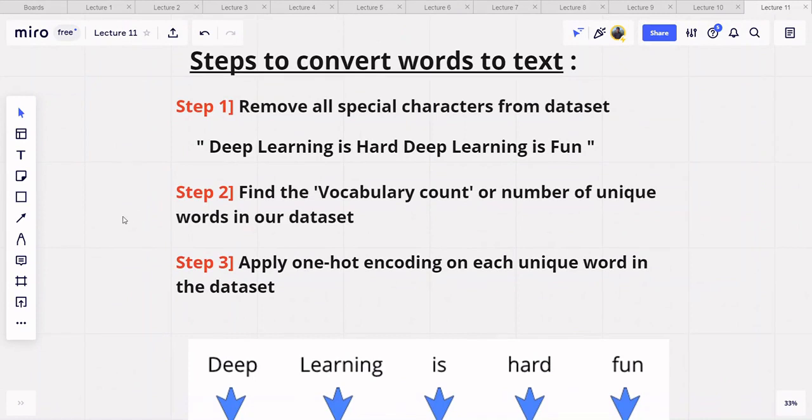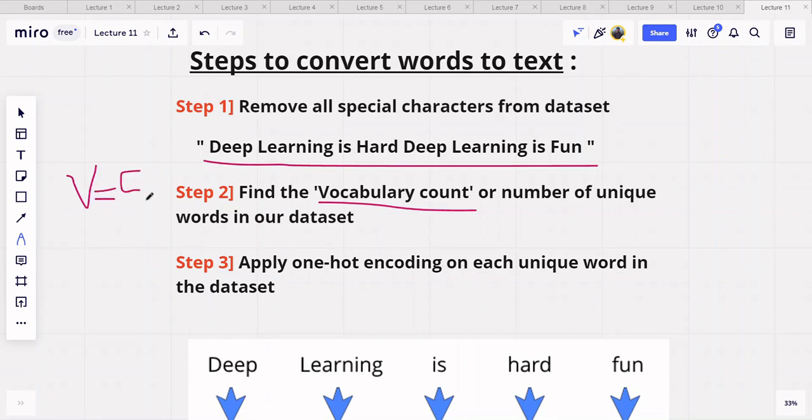Now this is our data set after removing them. The second step is to count the number of unique words in our data set, that is, find our vocabulary count. We know that we have 5 unique words, so our V would be 5. Our vocabulary count is 5.